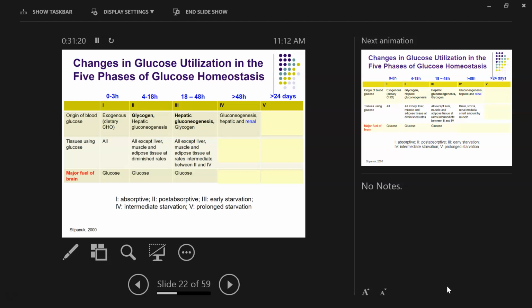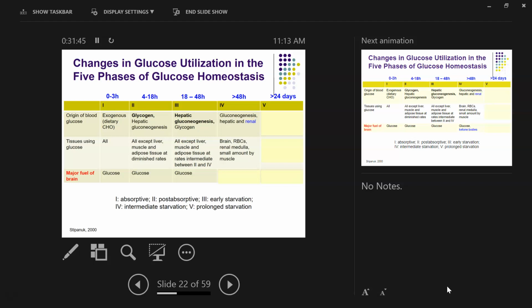And how about the tissues using glucose? Which tissues do you expect to utilize glucose? Now, brain, red blood cells, right? Renal medulla, and a small amount by muscle.